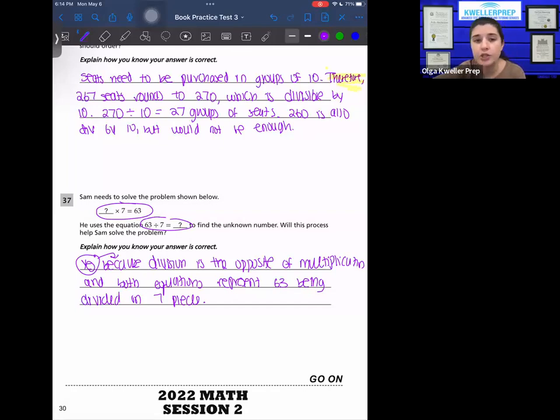So whether you actually say that they're inverse, or whether you say like 63 divided by 7 is 9, and 9 times 7 is 63, those are equivalent. You can say either of those things to show that they are opposite operations and that both are a valid way to solve the question. Both are going to give you equivalent.